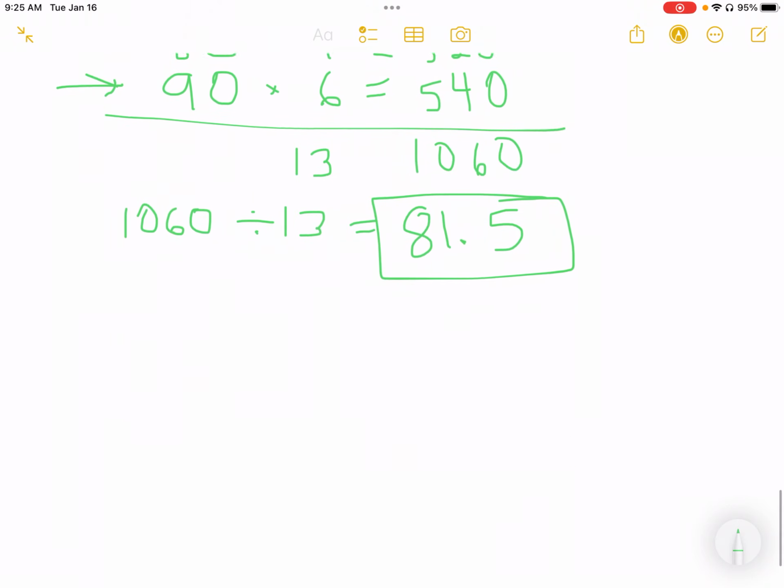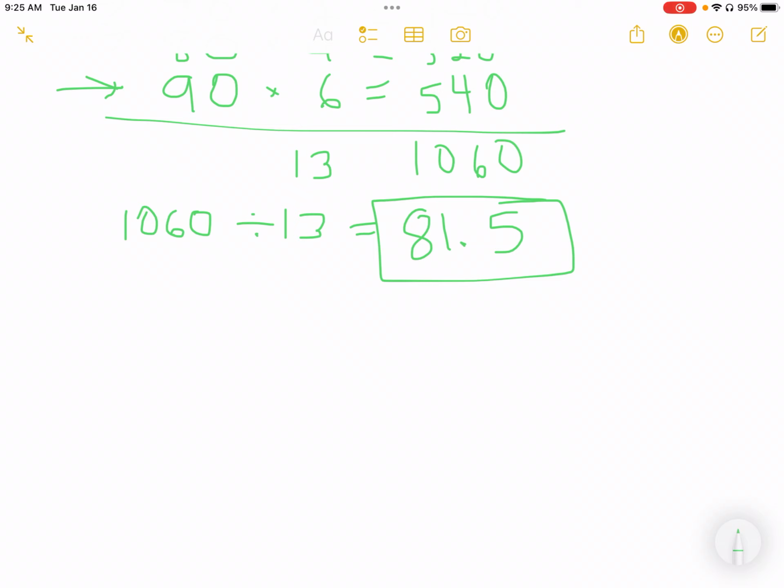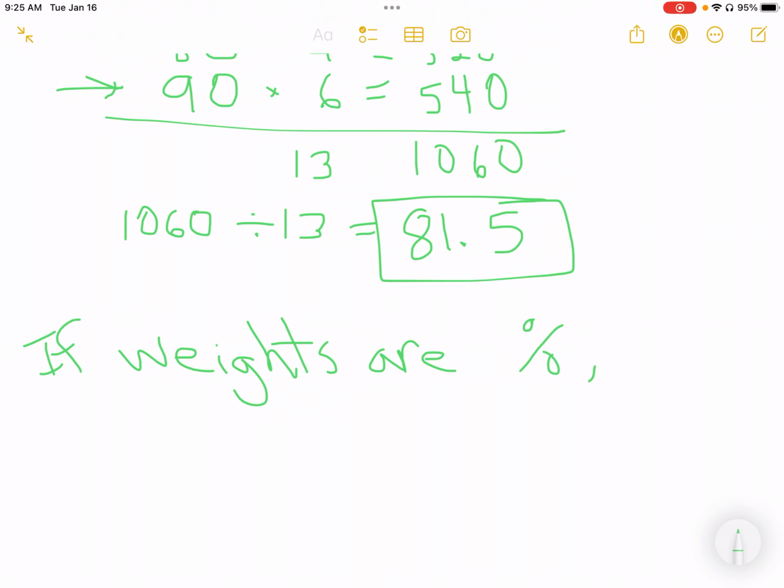Now, if I have percentages, right? So moving on from this one, if I have percents, so let's say if weights are percents, then first, we just go ahead and make sure they add to 100%.